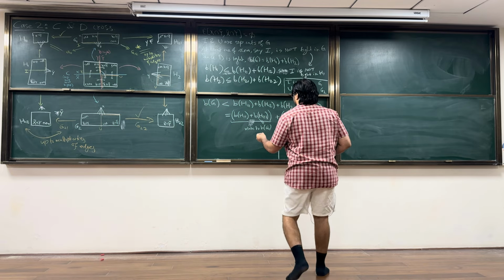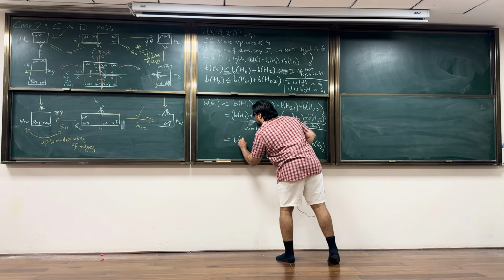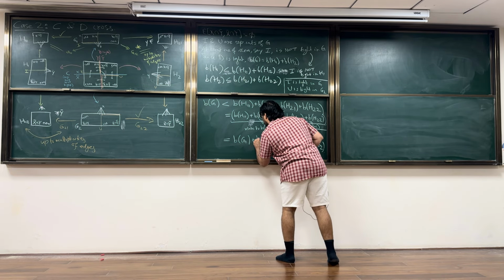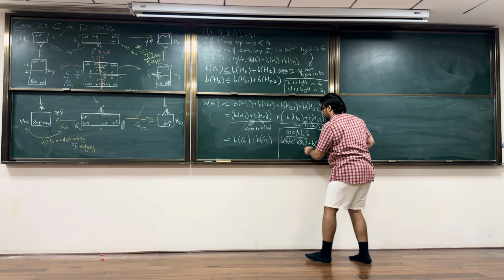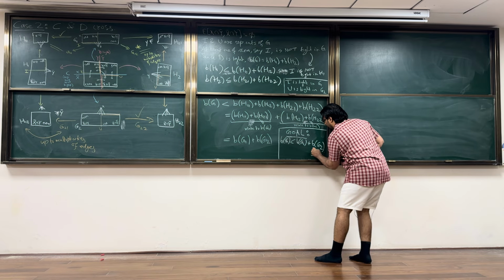And if you believe that, then what we have is B of G1 plus B of G2. B of G is less than B of G1 plus B of G2. Proved.